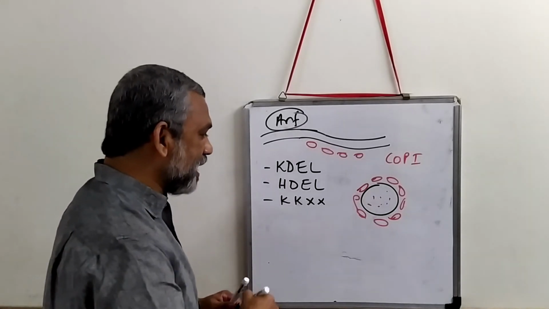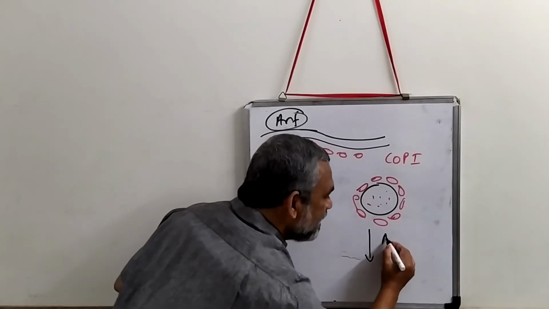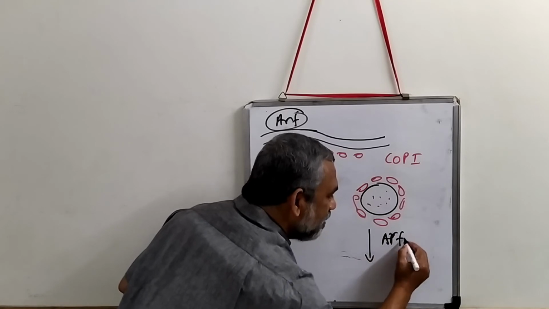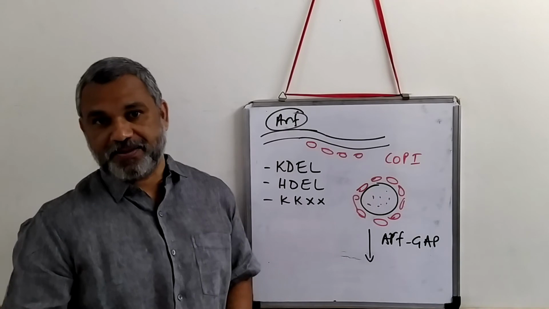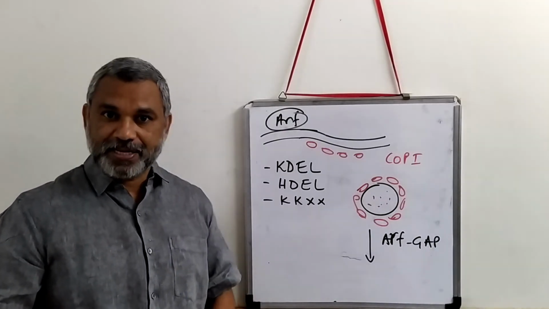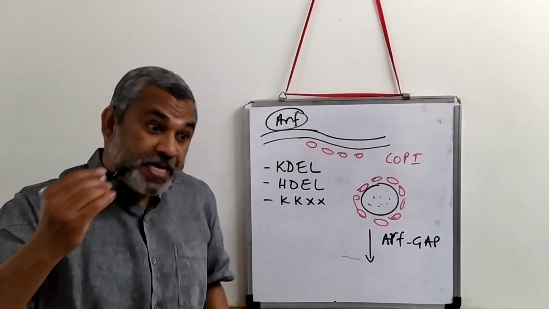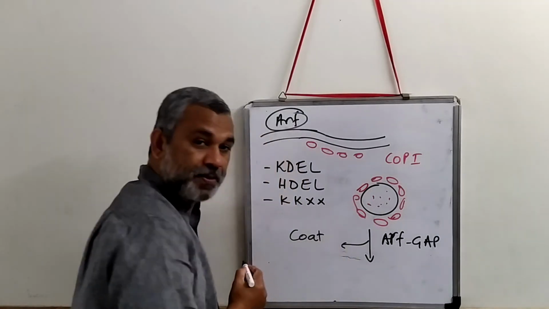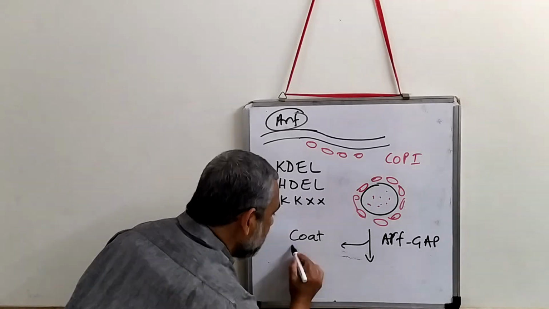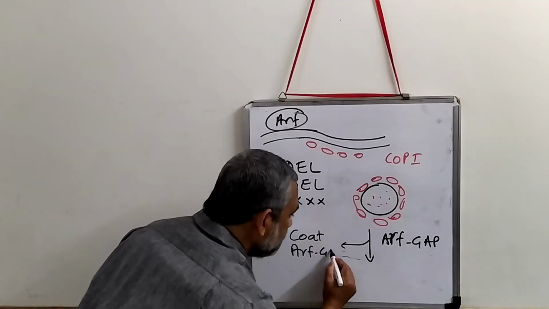How to remove the coating? Here we have an enzyme. The name of the enzyme is ARF GAP. We have encountered this enzyme earlier. It is a GTPase. This enzyme will remove the coat, and it will remove the ARF GDP.